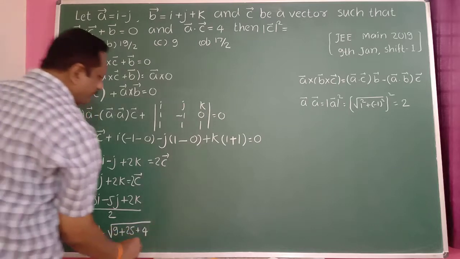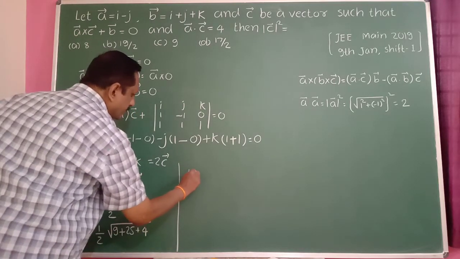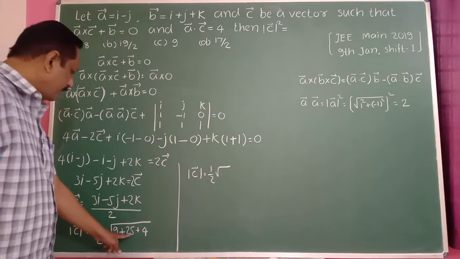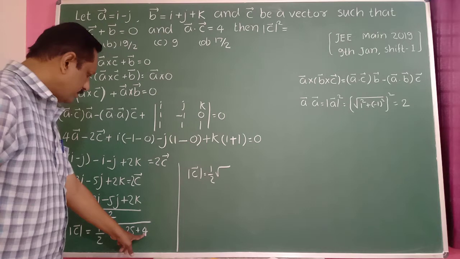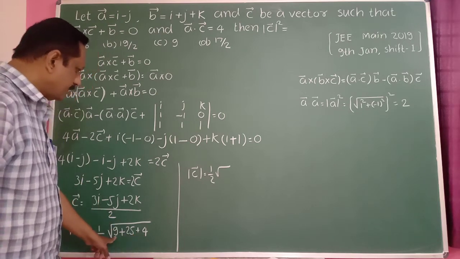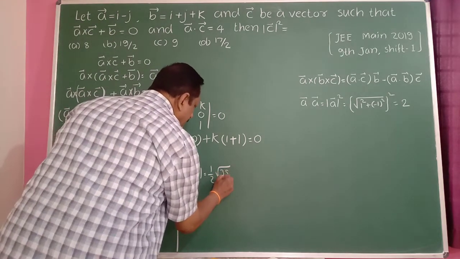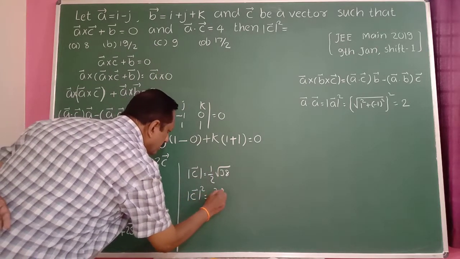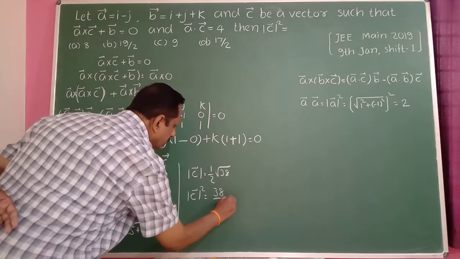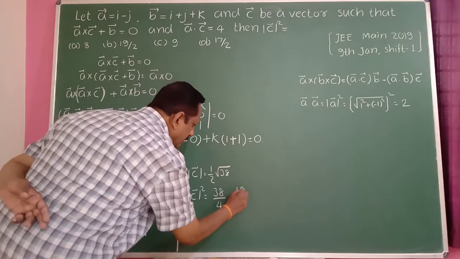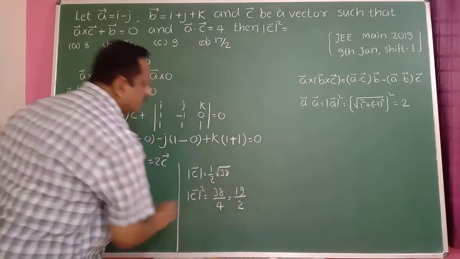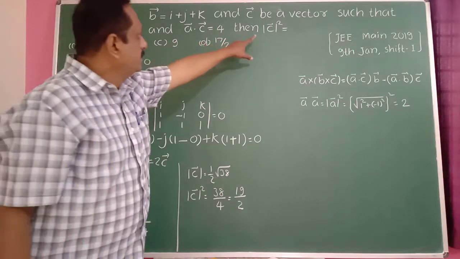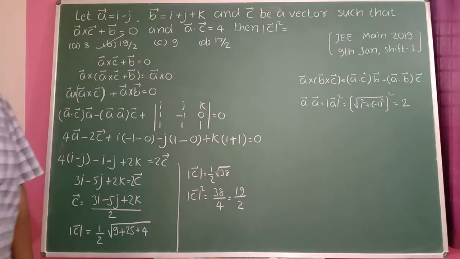So 1 by 2 into root of 25 plus 4 is 29, plus 9 is 38. Squaring both sides, modulus of c bar square is equal to 38 divided by 4, which is 19 upon 2. So B is the answer.